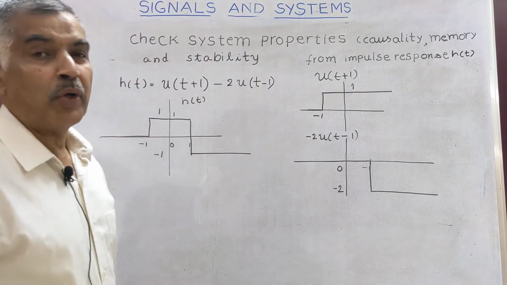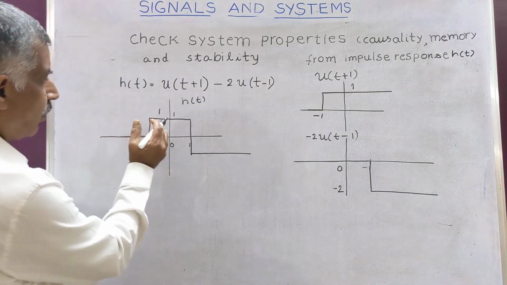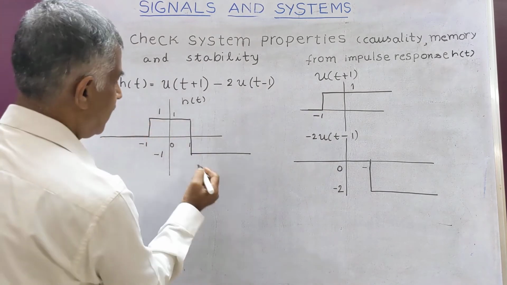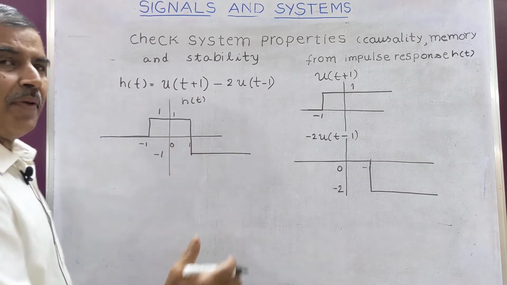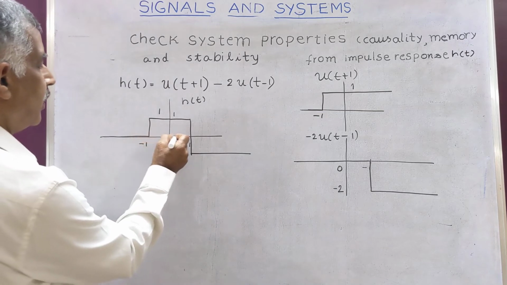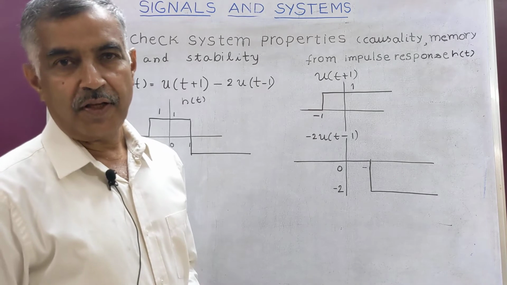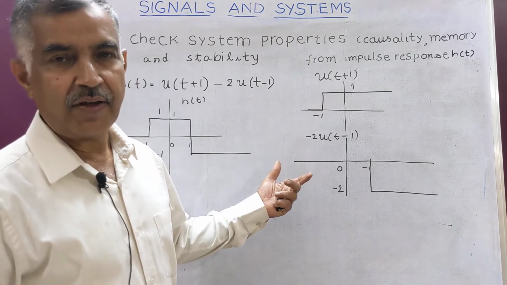First, memory or memoryless. Keep one point in mind. If you look into this graph, for so many values of t, the function value exists.